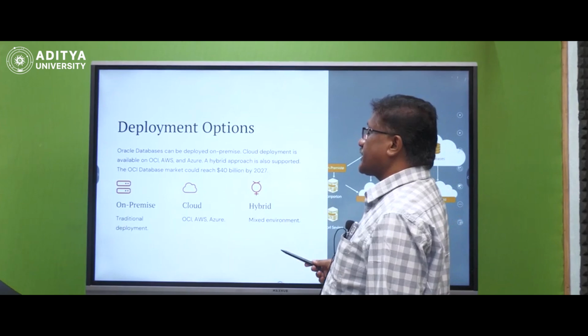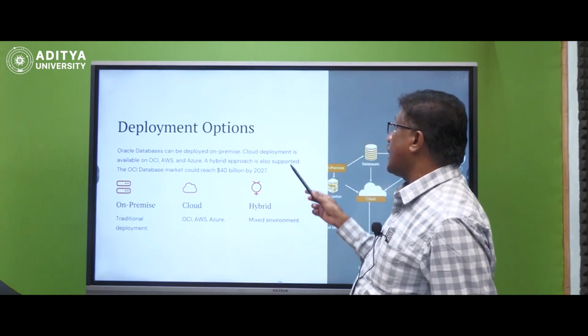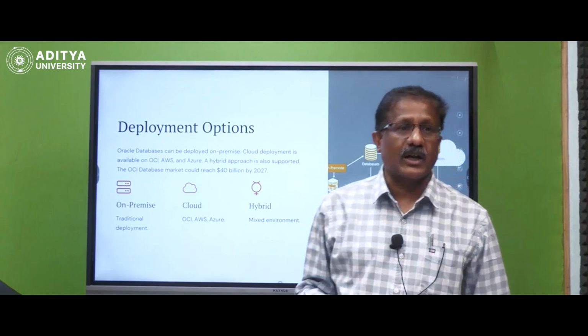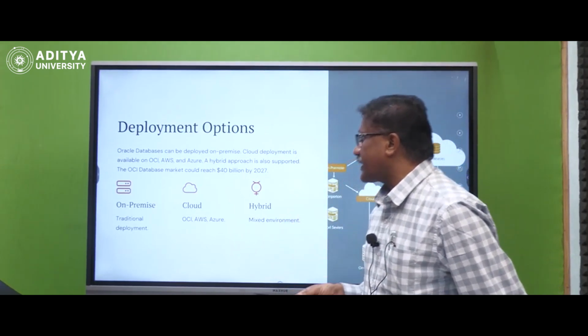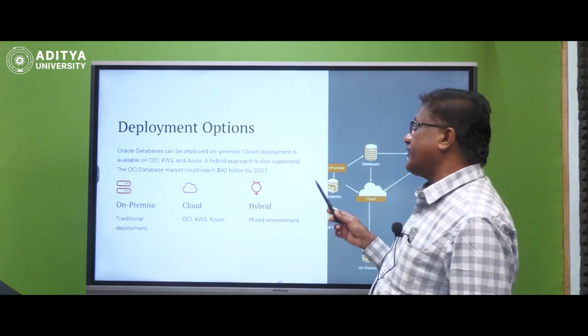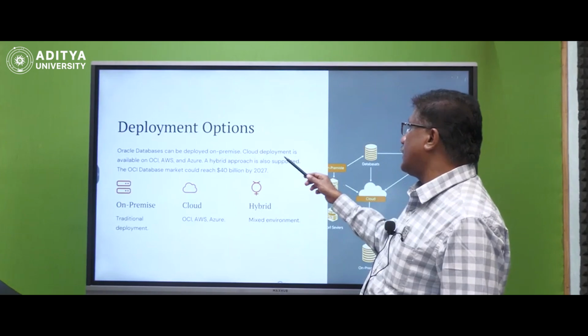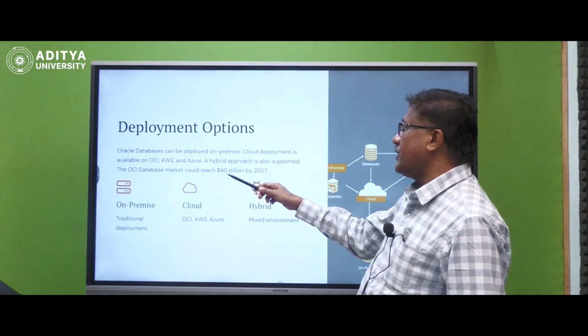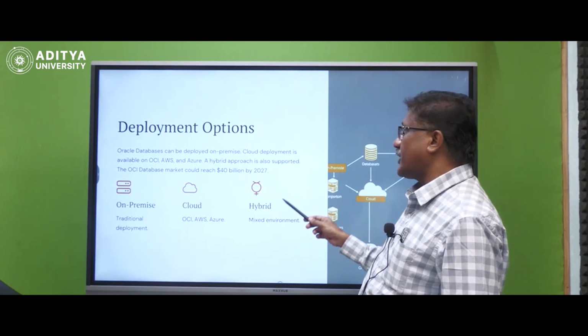So what are the deployment options? Oracle database can be deployed on-premises and in the cloud. We know the cloud environment is very important in today's world, and cloud architecture also plays a very important role. Yesterday we already explained the Oracle cloud environment. Cloud deployment is available on OCI, AWS, and Azure, and a hybrid approach is supported.